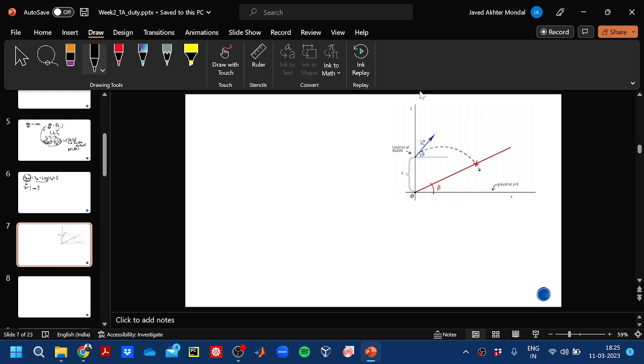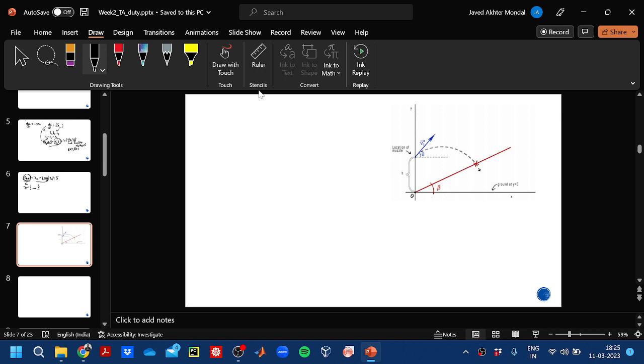Suppose we have a module located here at a height h, and it is throwing a ball at angle theta with horizontal with a velocity v0. So if we want to solve this problem, we have to consider what are the forces acting on the ball.